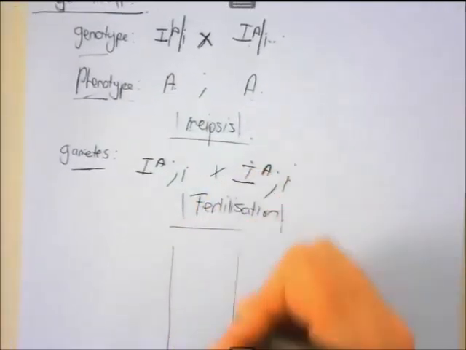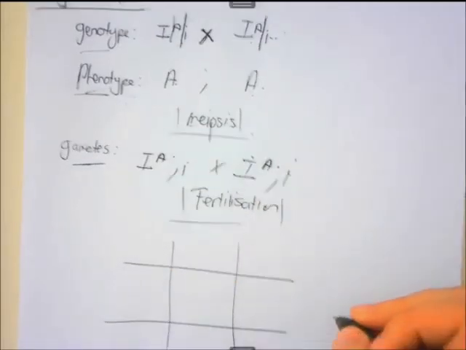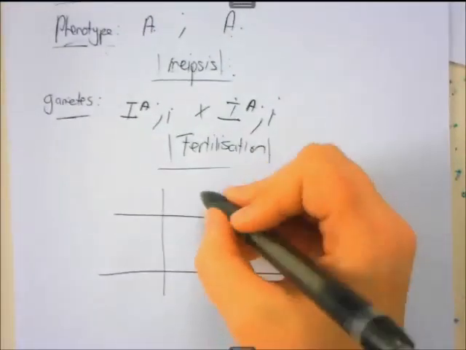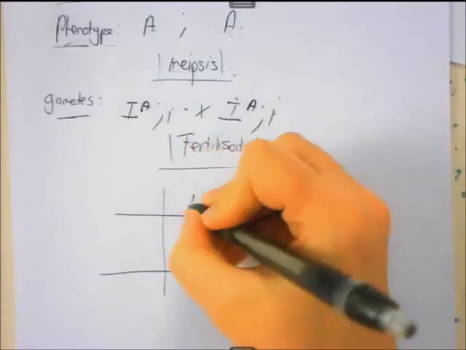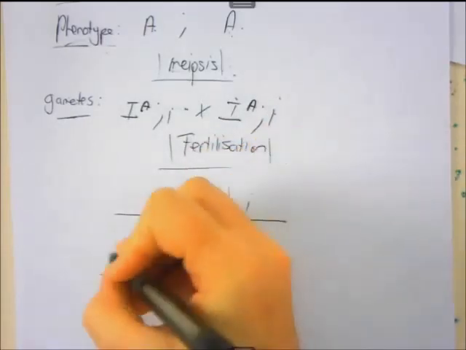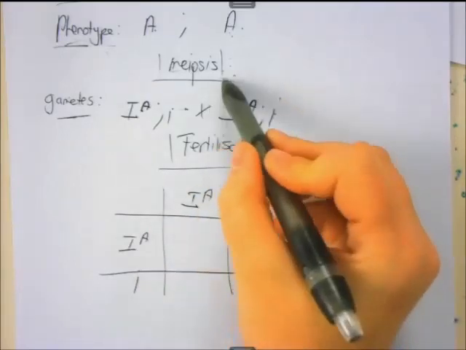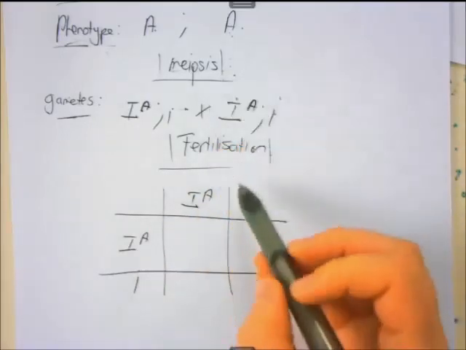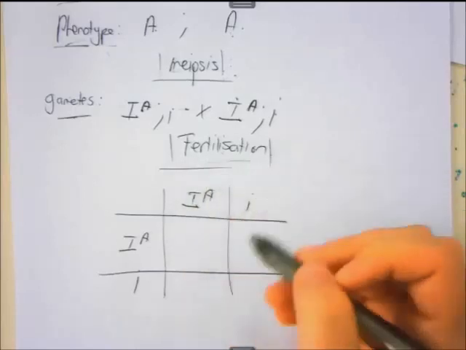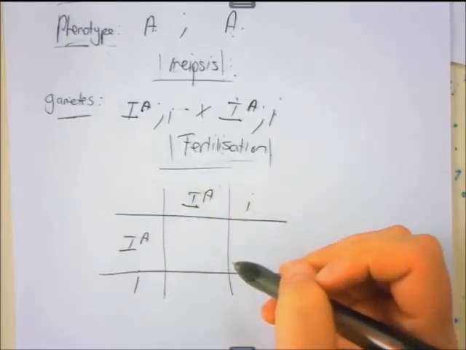Now what we can do is the very small quick section that we did now, and that is to show that when meiosis has taken place, then these are the possibilities that can take place with fertilization.